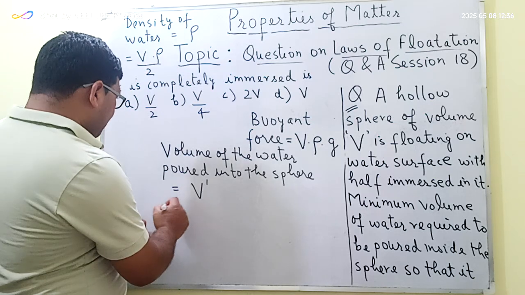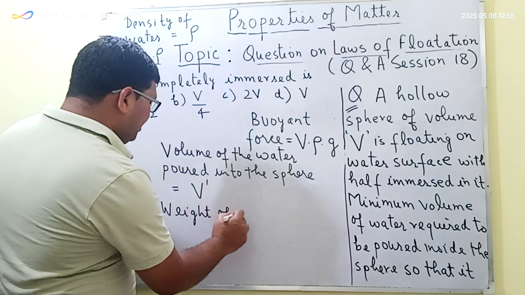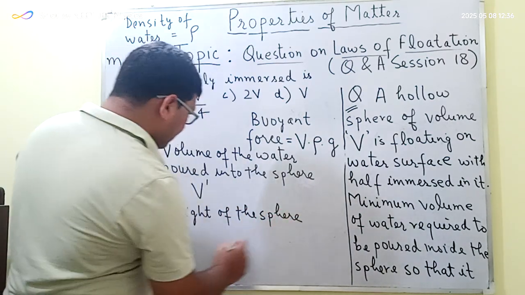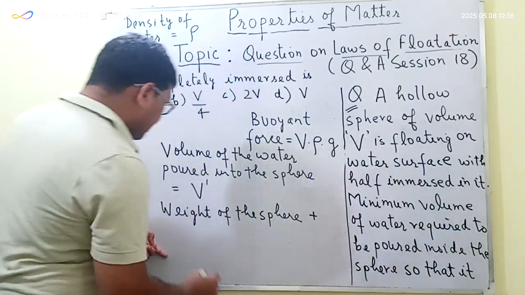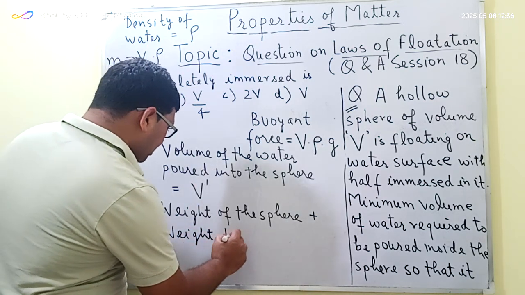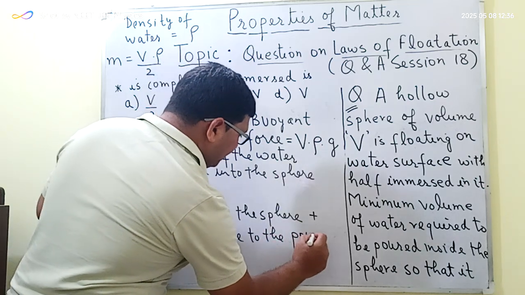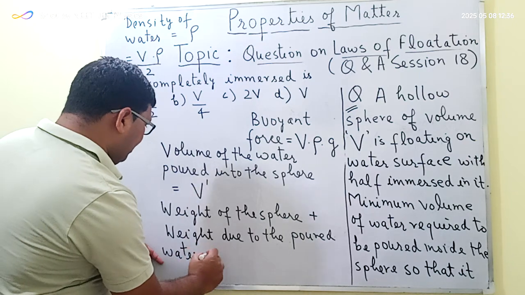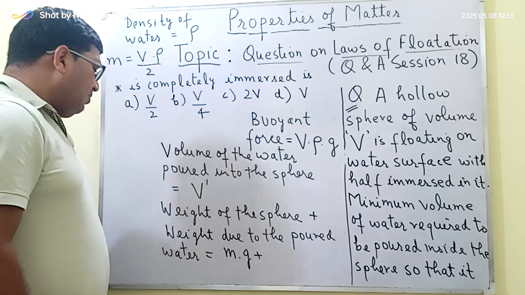The weight of the sphere plus the weight due to the poured water will be equal to m into g plus the weight due to the poured water.